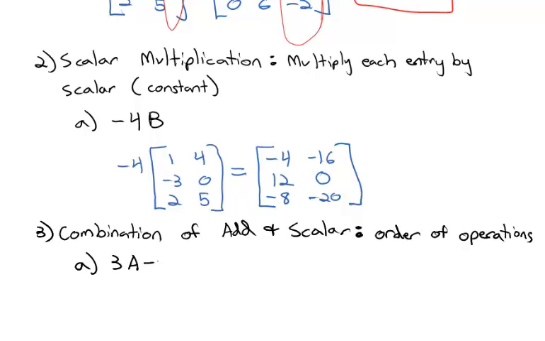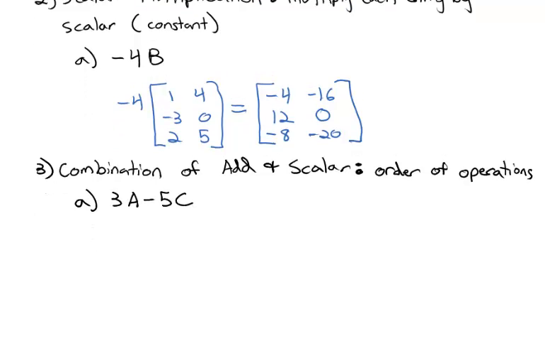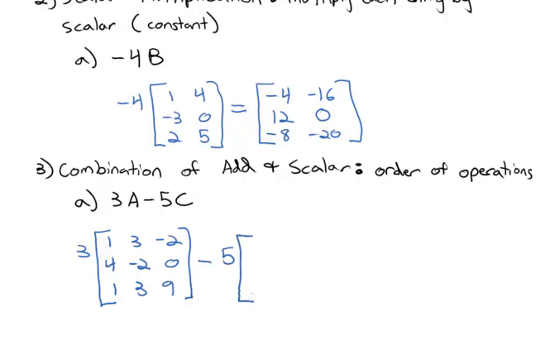So if I have 3A minus 5C, we're going to do all the multiplication first, and then we will do the addition and subtraction. So we've got 3 times matrix A, and matrix A was 1, 3, -2, 4, -2, 0, 1, 3, 9, minus 5C. And matrix C was 4, 2, -1, -3, 5, 1, 0, 6, -2.